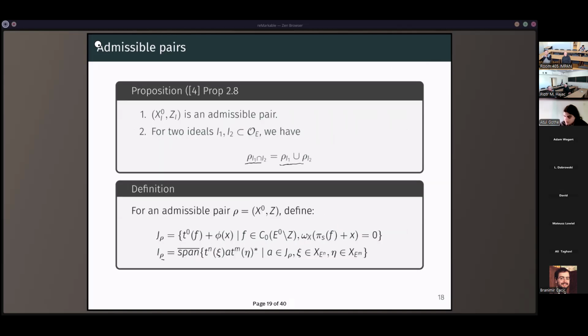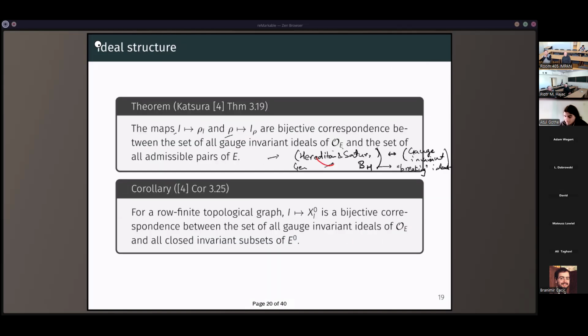And for non-row finite graphs, we know that hereditary and saturated subsets together with breaking vertices correspond to gauge invariant ideals. But for row finite, we only need hereditary and saturated subsets for gauge invariant ideals.